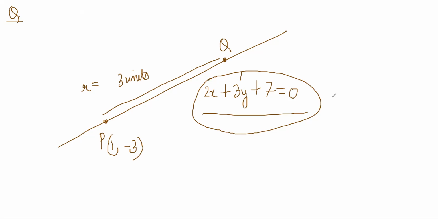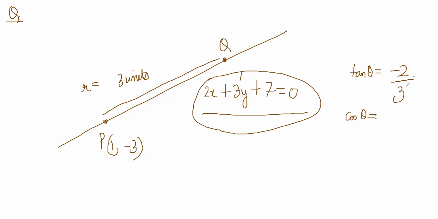So the line equation is given, so the slope is given. Tan theta is equal to minus 2 by 3. That means the angle with the x-axis is greater than 90 degrees, so cos theta will be negative and sin theta will be positive.